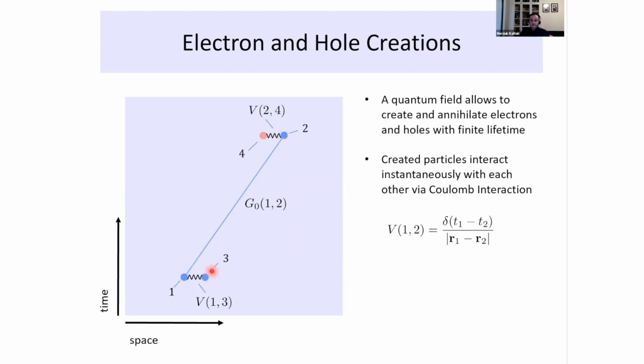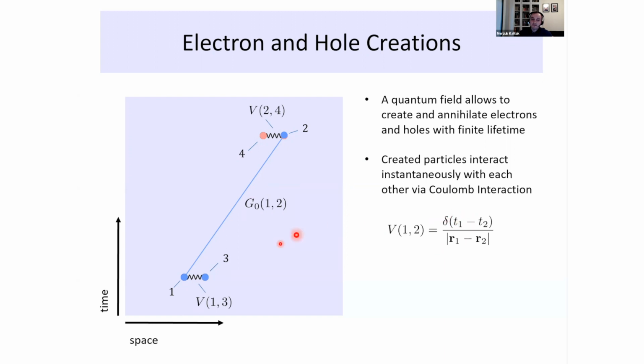Now, apart from having a finite lifetime, these virtual particles also interact with the original free electron via the Coulomb interaction. Okay, so this Coulomb interaction has this form we are already familiar with and is instantaneous in time.